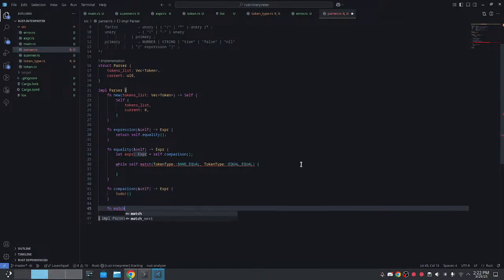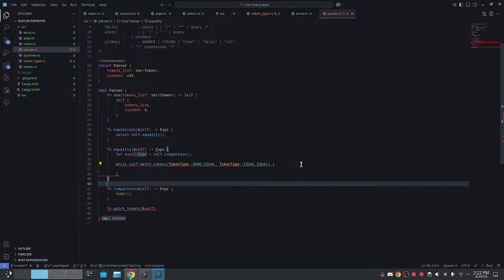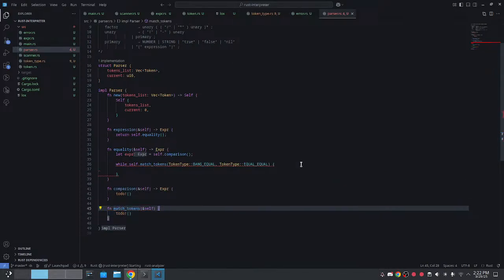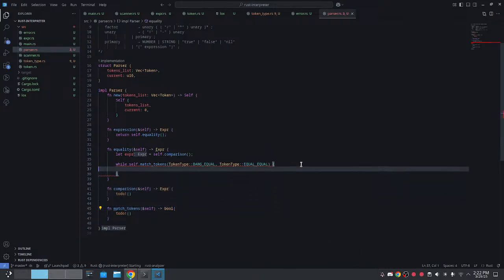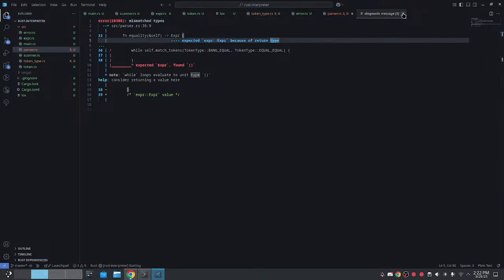What we would do is make it here, which would take, oh, match is a keyword. Okay, match tokens, control C, then we do this here, and we'll just put a to-do here, and this would give a boolean, right? So what is the error saying? Expected is because of return type. Okay, this is okay.